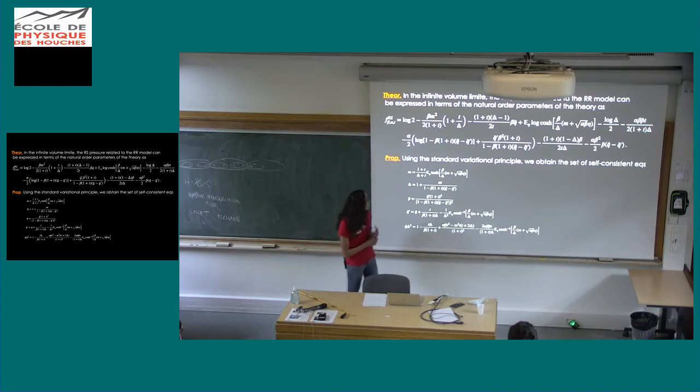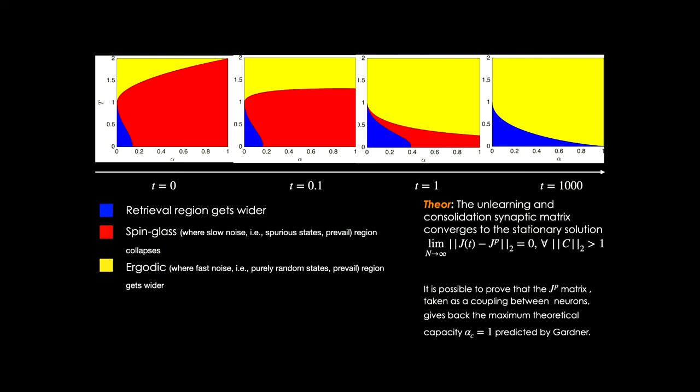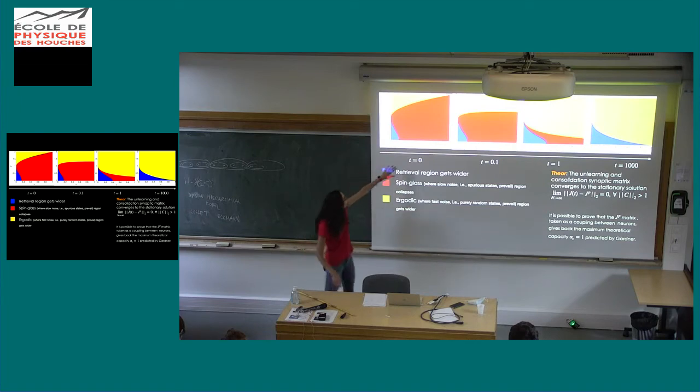With this, we are now able to plot the phase portrait of the new model that changes with the sleeping time. At the beginning, T equal to 0, we have the Hopfield model. And then, when the time grows, we will see that the yellow part and the blue part become bigger and bigger, while the red one at the end collapses completely.